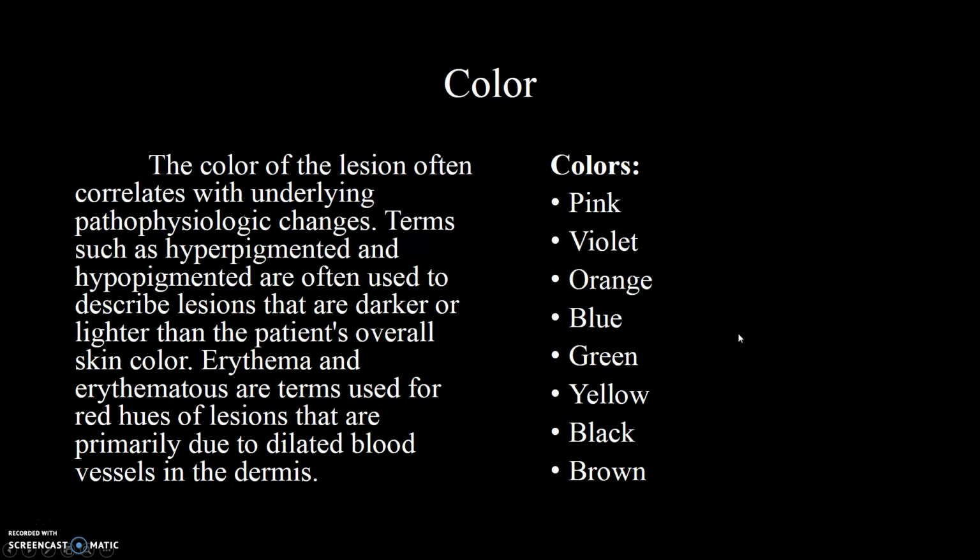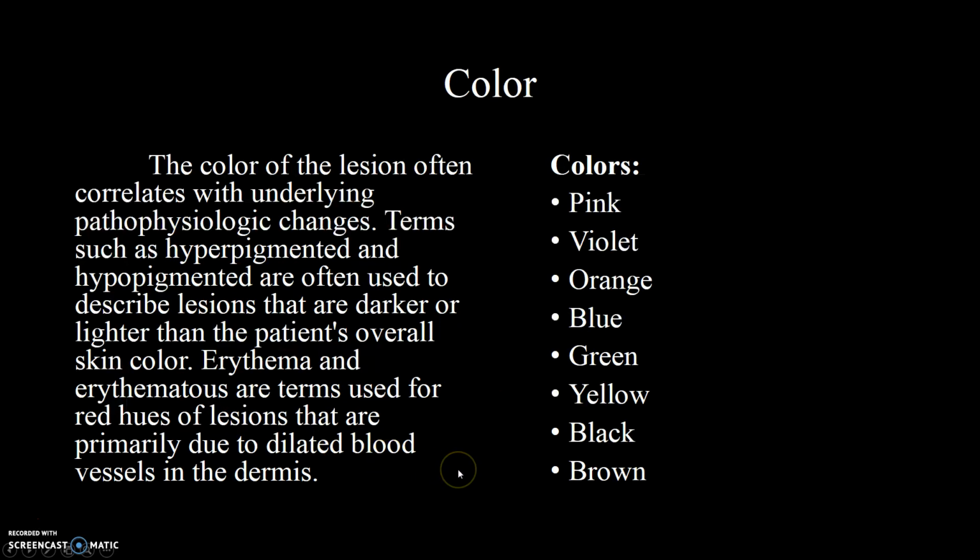Color is so important. It's such a clue, but we've got to be able to describe and document the color because it often correlates with pathophysiologic changes. So terms such as hyperpigmentation and hypopigmentation describe lesions that are darker and lighter than the patient's overall skin color. And of course, that's individualized for your patient.